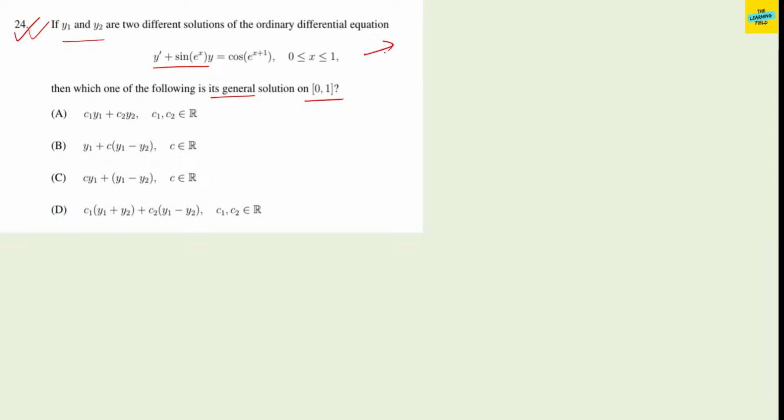These types of questions already came in the CSIR exam, in the 2018 and 2019 papers.